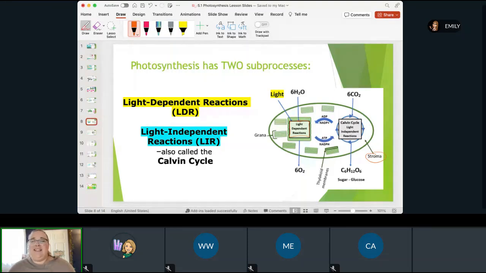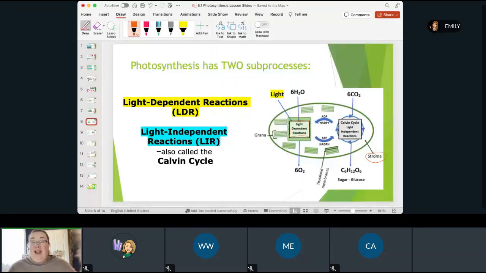What does it mean when I say a light-dependent reaction? What do you think that means? What does it mean that it depends on light, though?